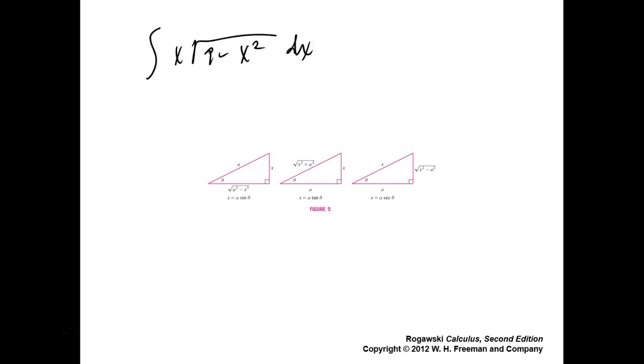Well, you certainly could. The question is, is it necessary? If I had asked you this question a week ago, how would you do that, what would have been your answer? What substitution?